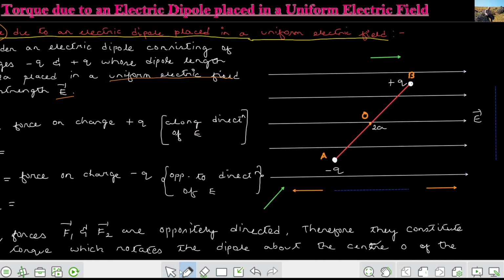So how will it rotate? Let me write the direction of A in the upper part so that it will be clear. This is the direction of your electric field line.